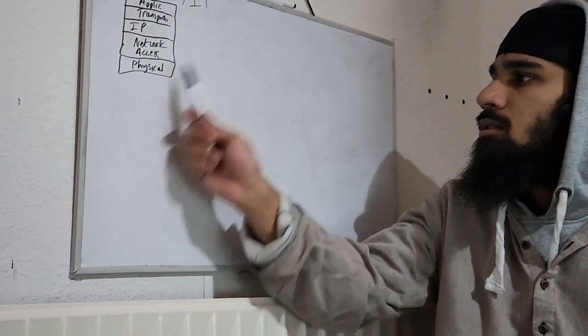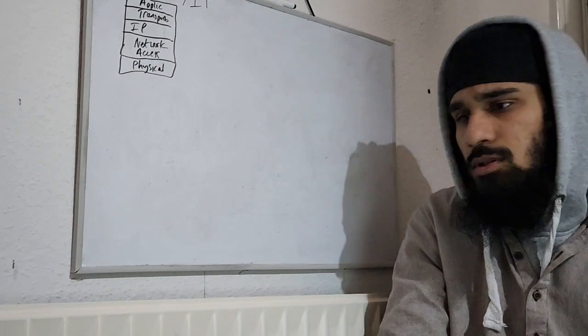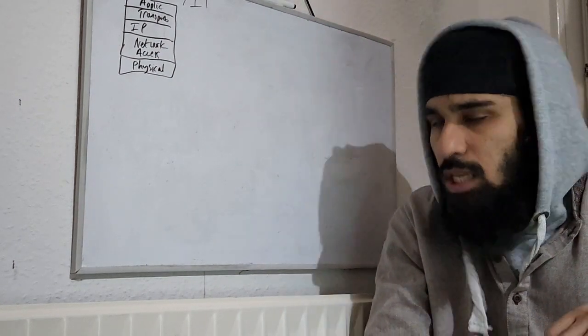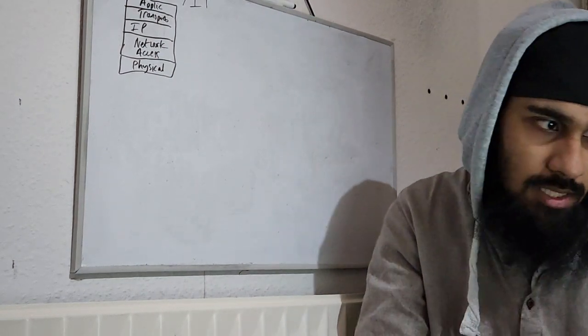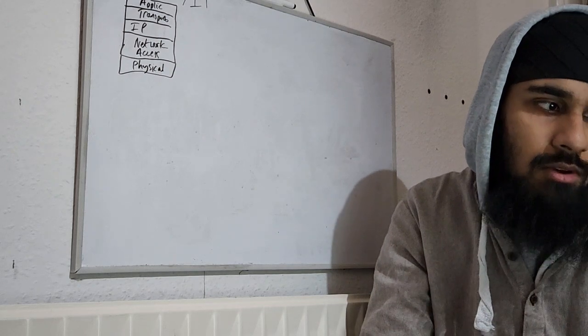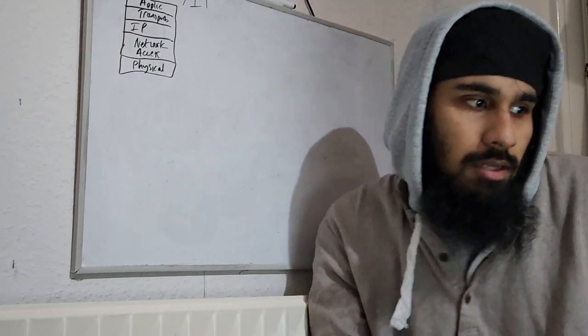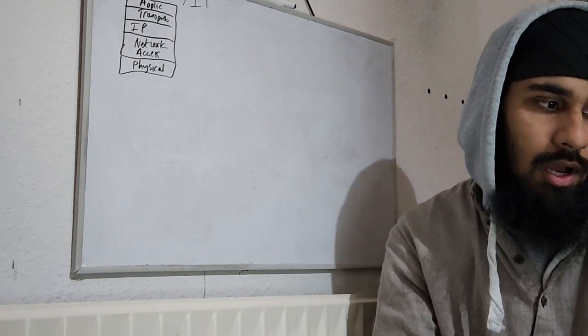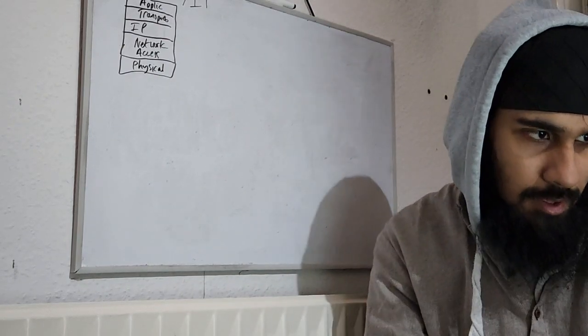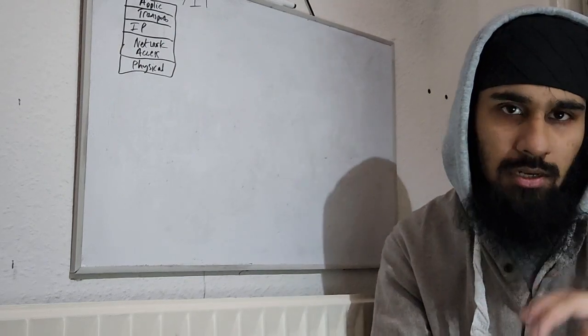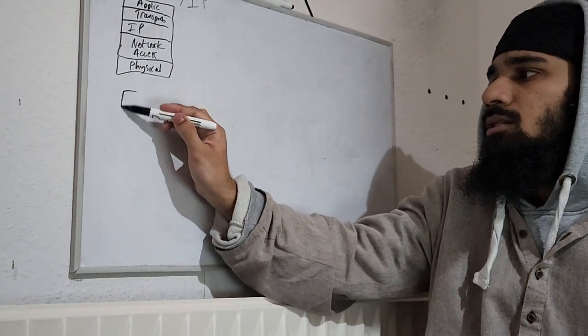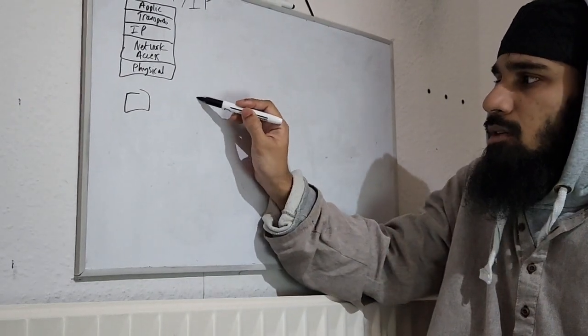So the physical layer, that's the one we see with our eyes. You have packets going through the transmitter. You have a transmitter, and then you have a receiver.